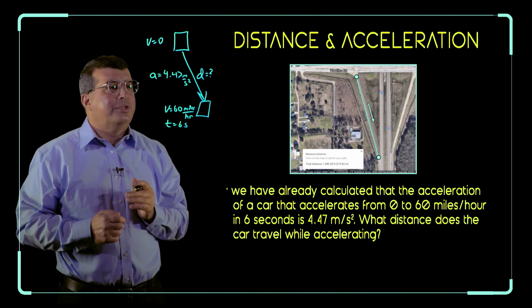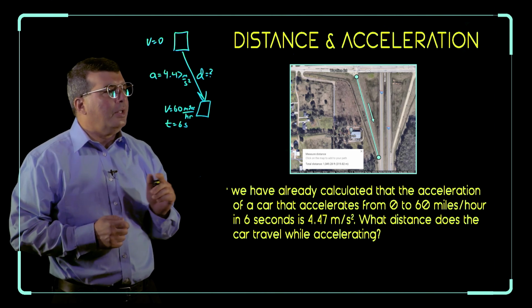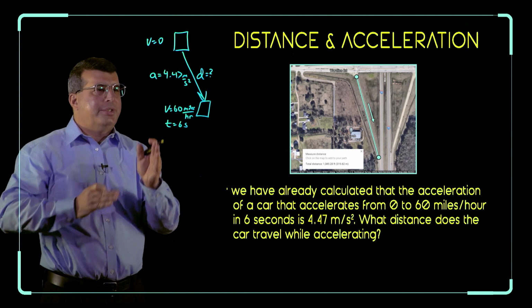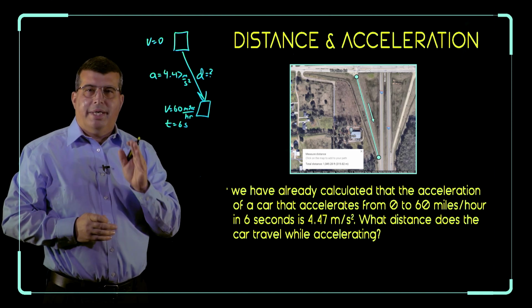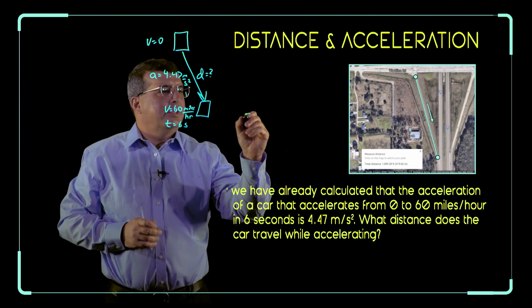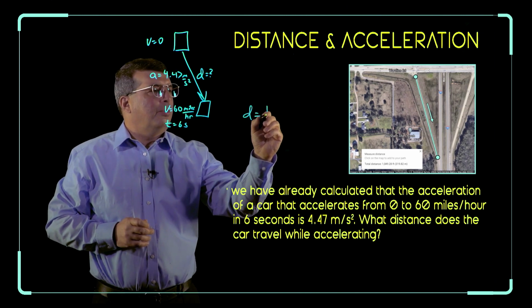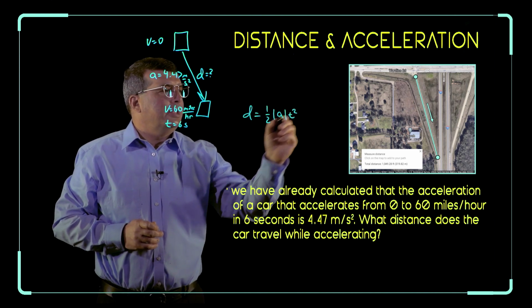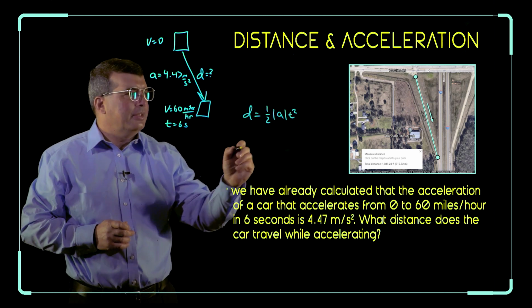Well, we have an equation for that. We are starting from rest and moving, and so our equation is valid. Our equation distance equals 1/2 absolute value of acceleration times t squared is valid.